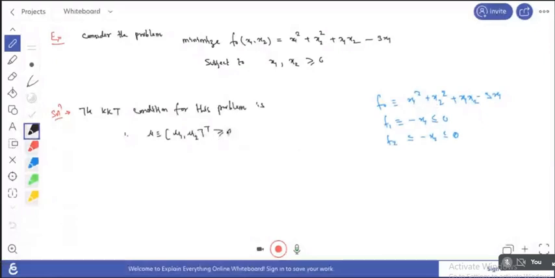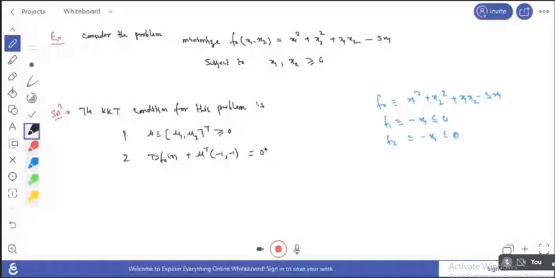So this is the first condition. The second condition is the derivative of the objective function with mu transpose, and this is minus 1, minus 1. What is the derivative of that? Okay, that equals 0 transpose.